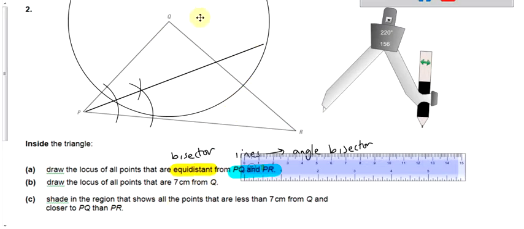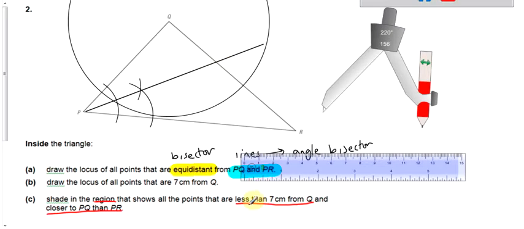Now, the last part of this question says to shade in the region that shows all the points that are less than 7 centimeters from Q and closer to PQ than PR. And they both relate to the two things I've already drawn.